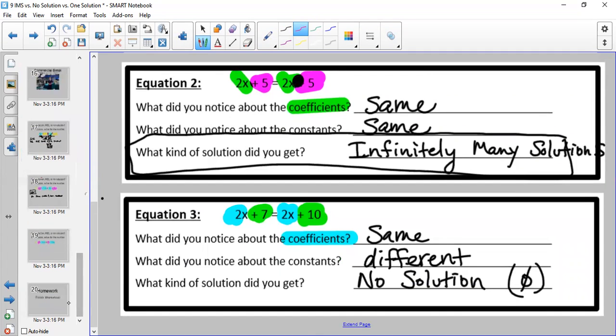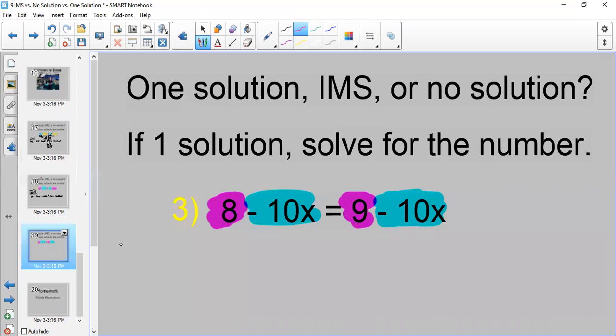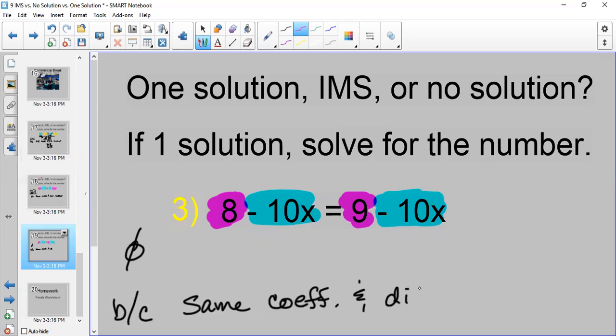All right, so I know my answer here is no solution. Remember, you can use that symbol. And I know this because I have the same coefficient and I have different constants.